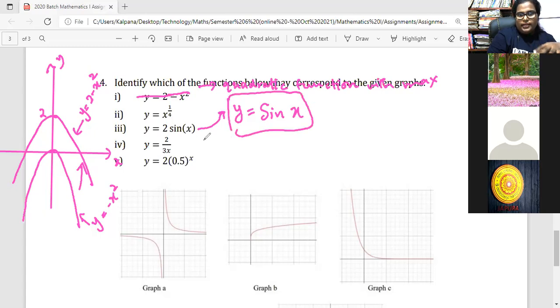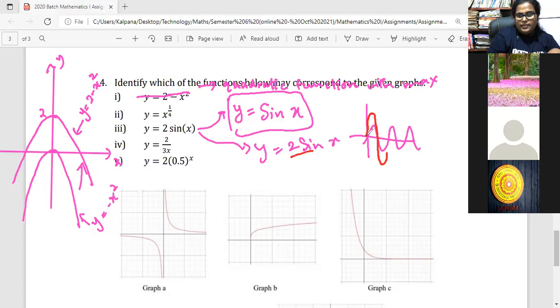So when you take y equals 2 sin x, that means the distance of this graph is doubled. Our sin x graph is like this, and if we draw the graph of 2 sin x, it comes with the distance doubled, right?